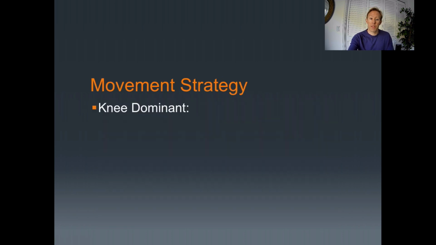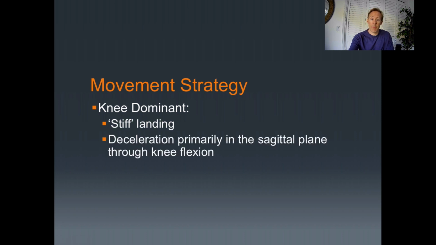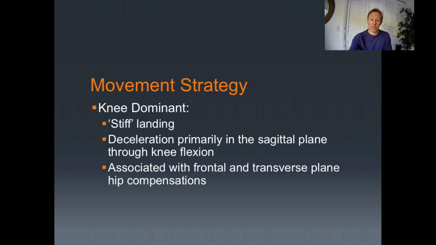Characteristics of the knee dominant strategy: it tends to be a stiffer landing. They don't have the same ability to move through a large range of motion in their joints. Most of it is coming through knee flexion, so if you look at them from the sagittal plane, most of the movement is coming from knee flexion.